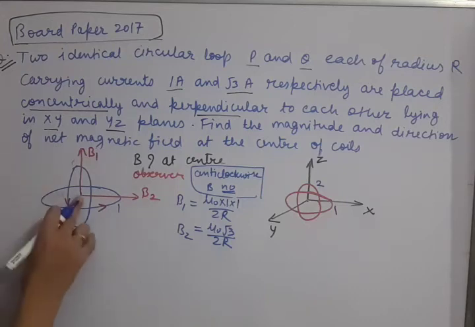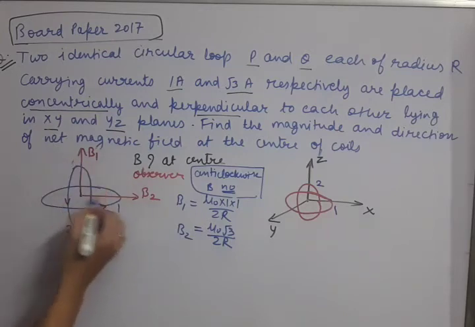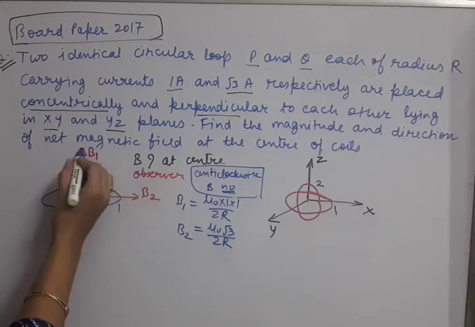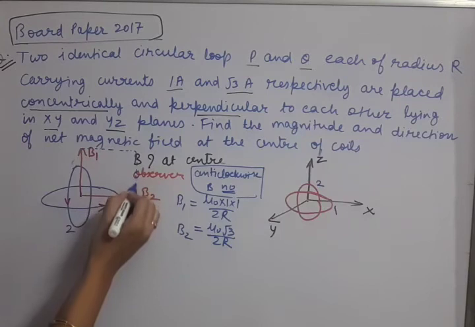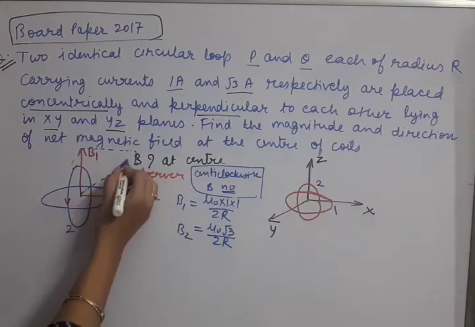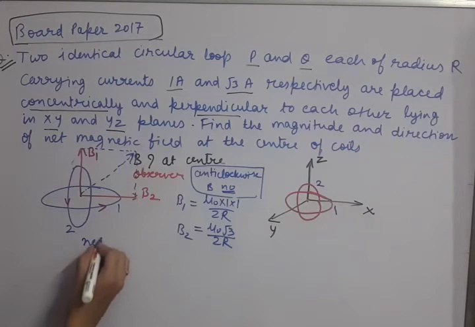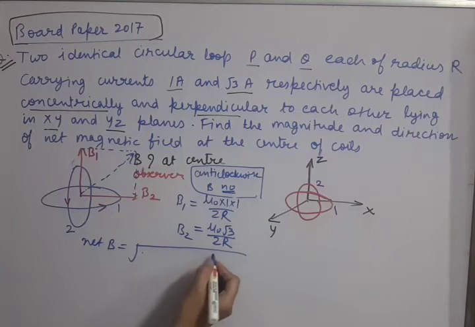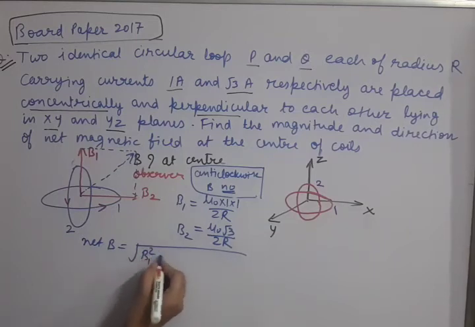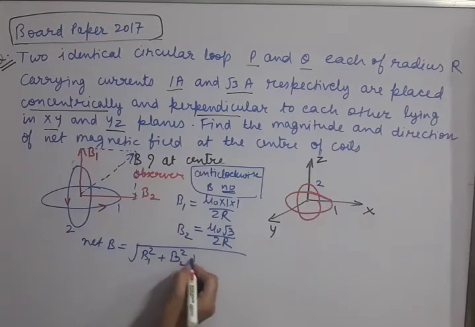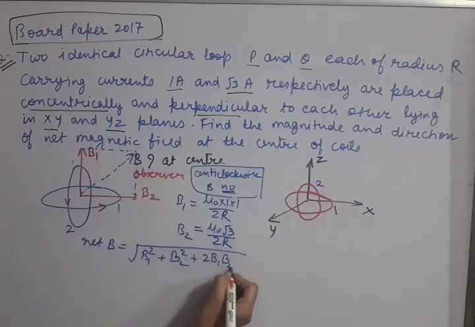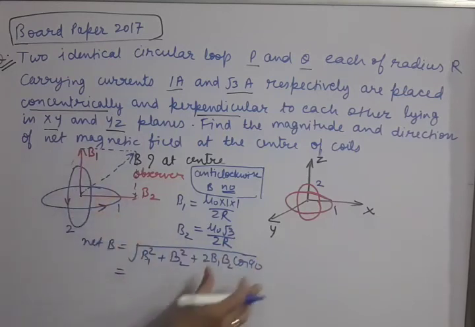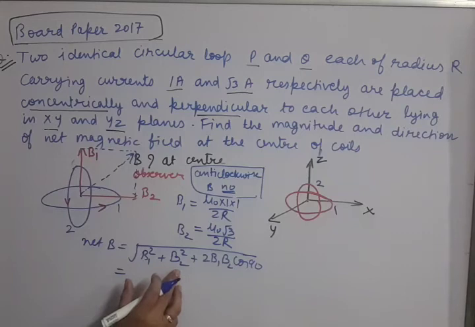Now we have to find the net B. You already know that if two vectors are at 90 degrees, we can draw the parallelogram, and the diagonal represents the net or resultant B. So the net B formula is the root of P square plus Q square plus 2PQ cos theta. So B1 square plus B2 square plus 2 B1 B2 cos 90, because B1 and B2 are at 90 degrees. Cos 90 becomes 0, so only B1 square plus B2 square remains.